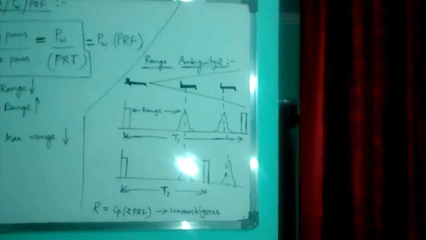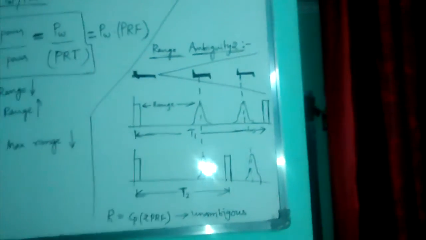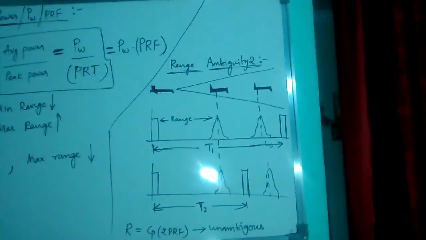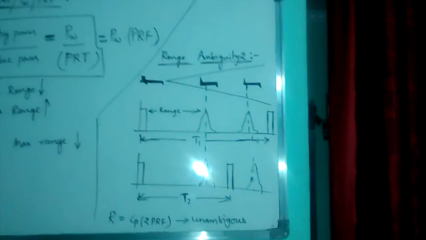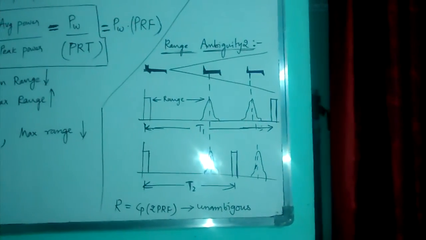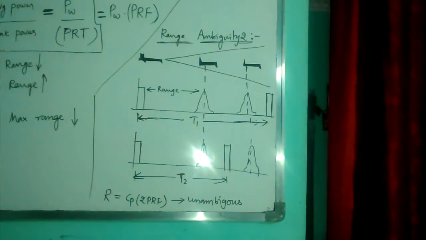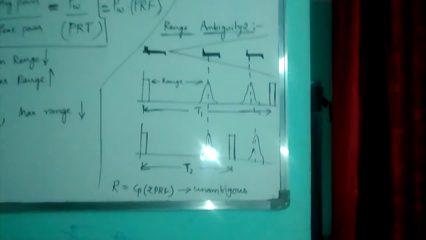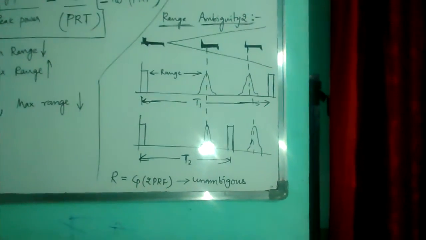Now the second topic discussed in this video is range ambiguity. Whenever we are transmitting a pulse, and you can see the aircraft over there and it's moving, when there are more than one target, and whenever the time period is more, that is T1 is more as compared to T2, we can receive the echo signal from the first target, which is shown in the sinusoidal form, and we can even receive the echo signal from the second target.